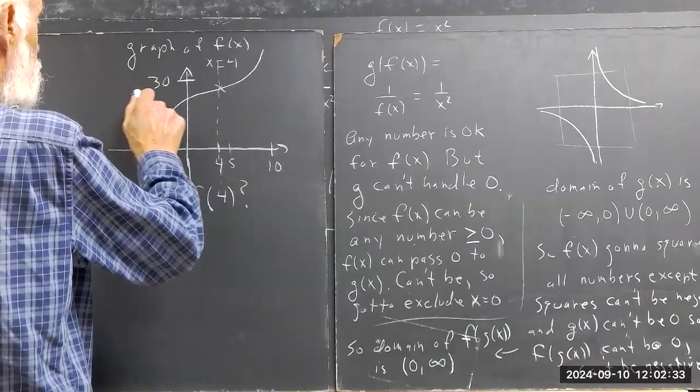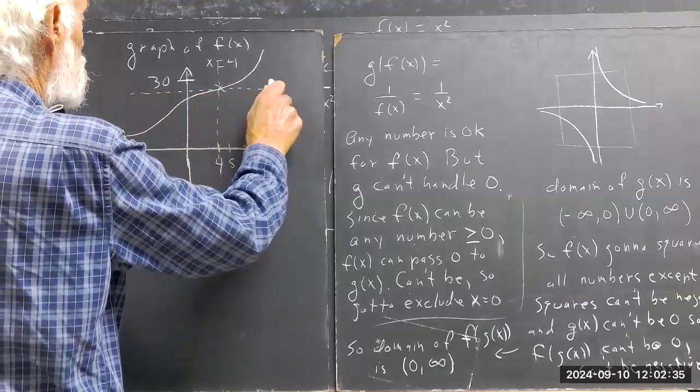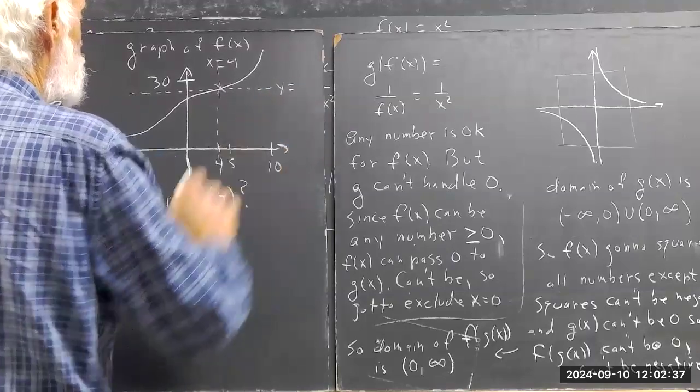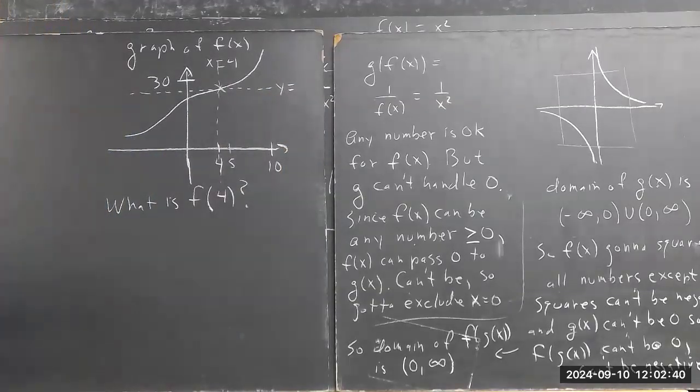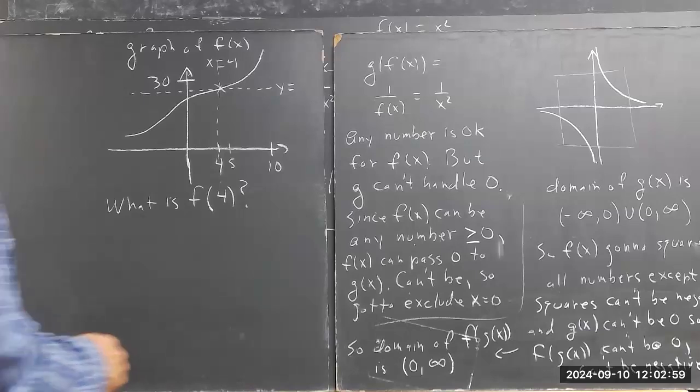Then we draw a horizontal line and find the y coordinate. Almost everybody had a result, and I think they were all between 20 and 25. 25 is the most common one, so let's say it's 25.